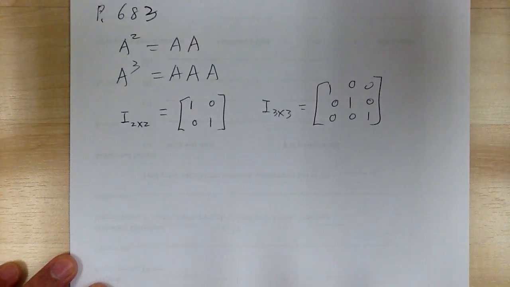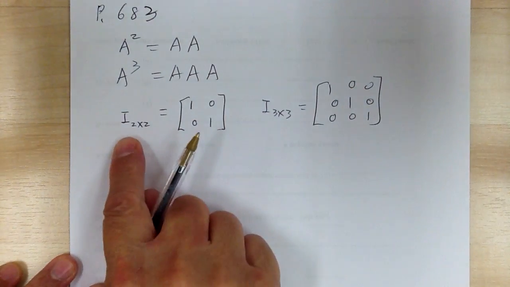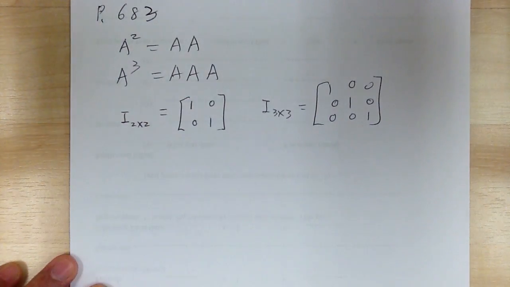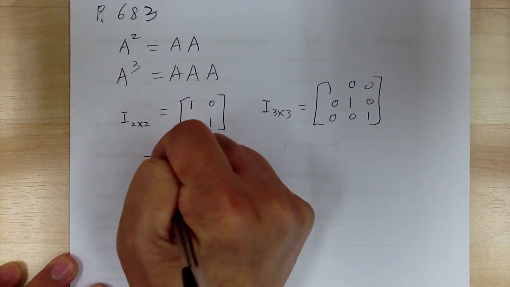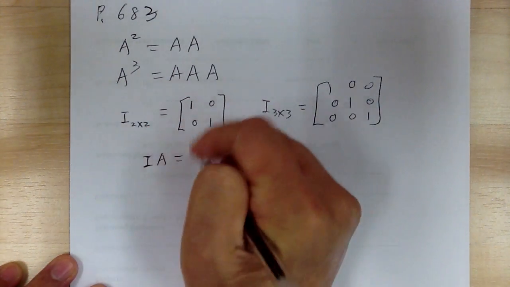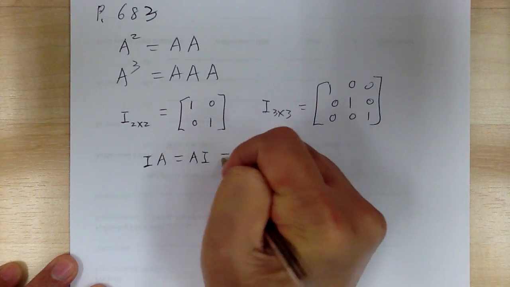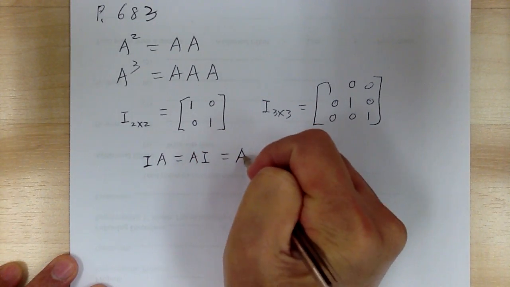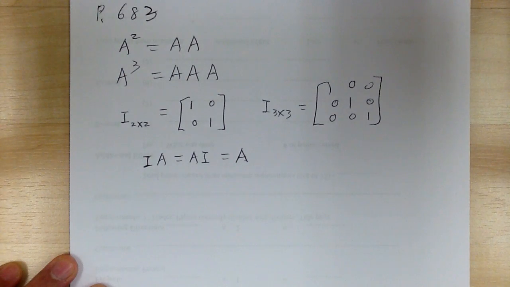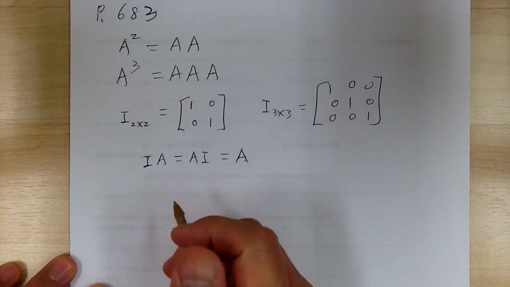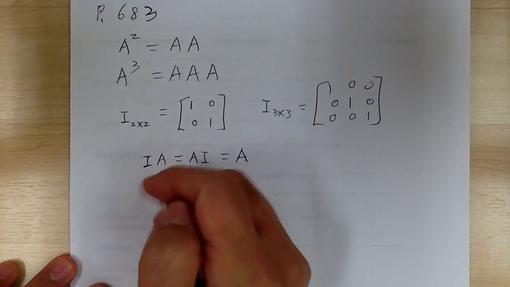When you multiply matrices, the I is like 1. So I times A equals A times I equals A. Again, think of the identity matrix as 1. Now, you also have the 0 matrix.